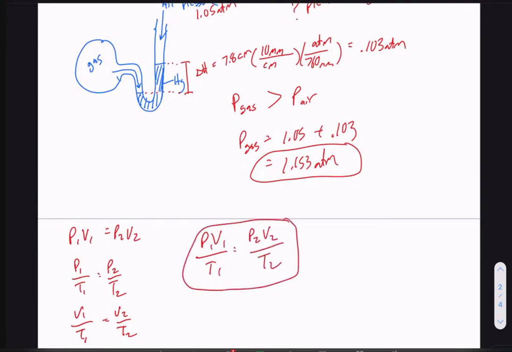And just remember that in any kind of problem where conditions change, if there is a condition that is not mentioned, you are to assume that it is constant. And therefore, it drops out, and you don't plug anything in. So like if I said, I changed the pressure, what's the new volume, but I didn't mention anything about temperature, then you can safely assume the temperature has not changed. If the temperature has not changed, then you're ignoring the temperature aspect of this law.